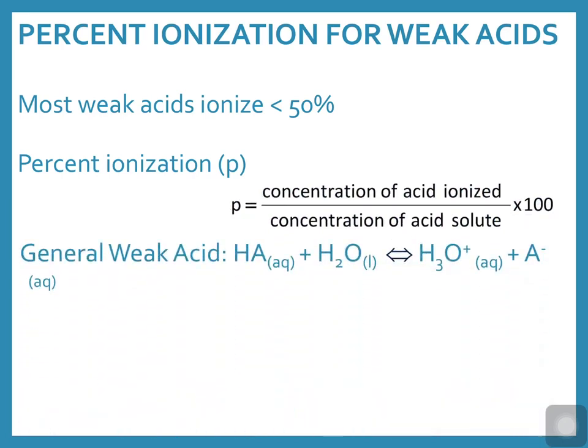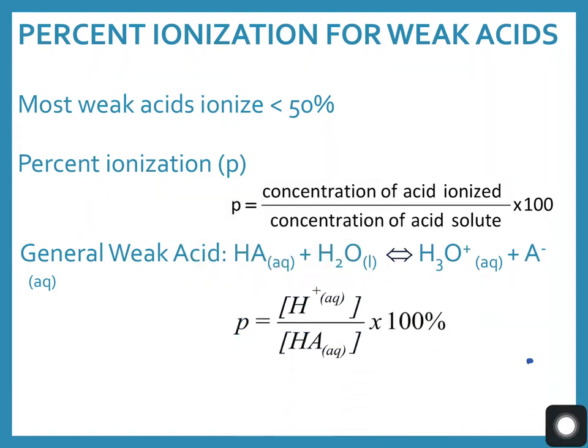The general formula for a weak acid is our acid dissociating in water to create hydronium ion and the acid without the H. So once again, we have the hydronium concentration over the beginning concentration of the acid that we had. And remember, this is really H3O+.